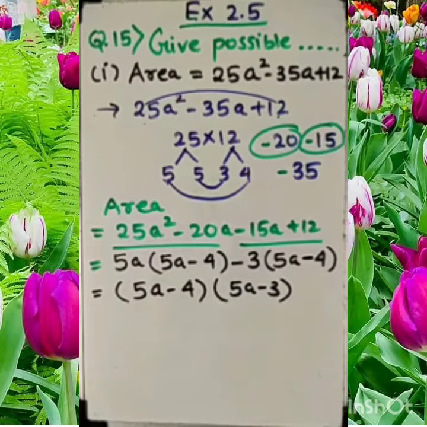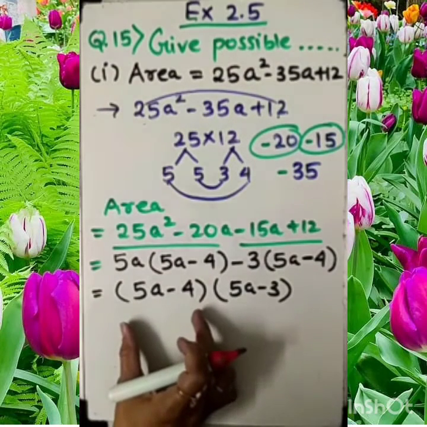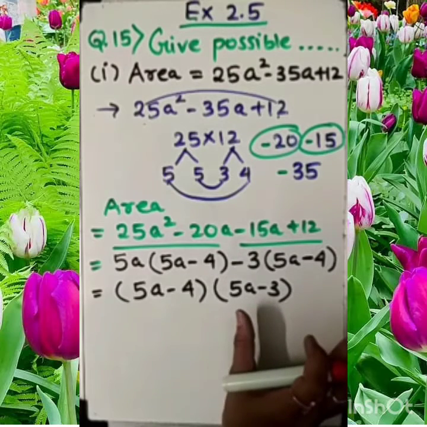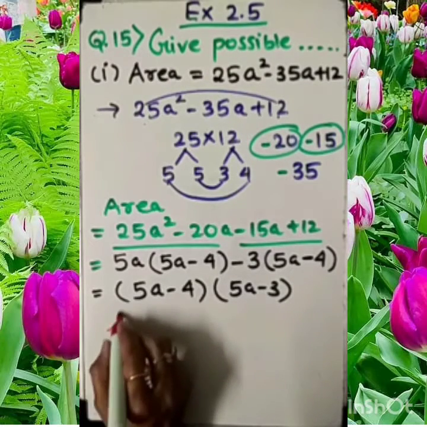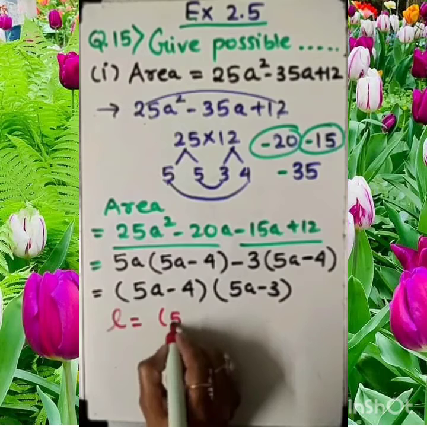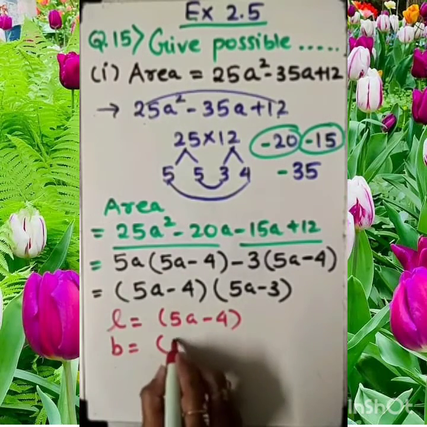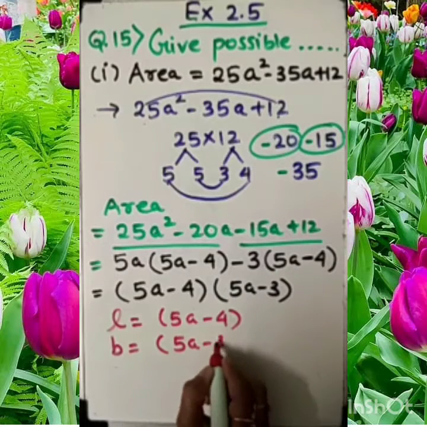So dear student, here we have two factors in front of us. One of them we will consider as the length and the other we will consider as the breadth. So we can mention length equal to a minus 4 and breadth can be 5a minus 2.